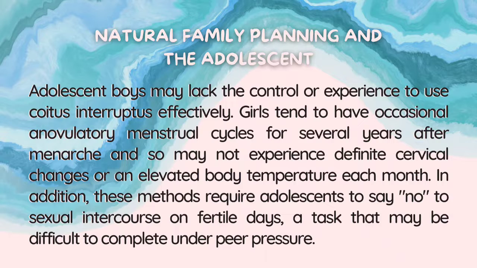Girls tend to have occasional and anovulatory menstrual cycles for several years after menarche, and so may not experience definite cervical changes or an elevated body temperature each month. In addition, this method requires adolescents to say no to sexual intercourse on fertile days, a task that may be difficult to complete under peer pressure.